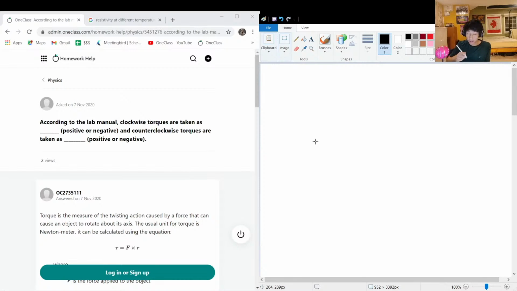Okay, so the next question that we got on the menu today is asking us, according to the lab manual, I don't know what lab manual they're referring to, but we can still handle this question. Clockwise torques are taken as minus, and counterclockwise are taken as positive. Okay, so this is generally going to be the case for two-dimensional systems.